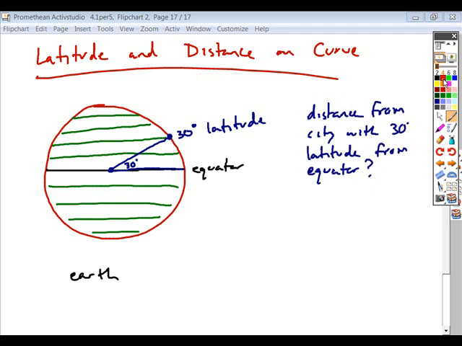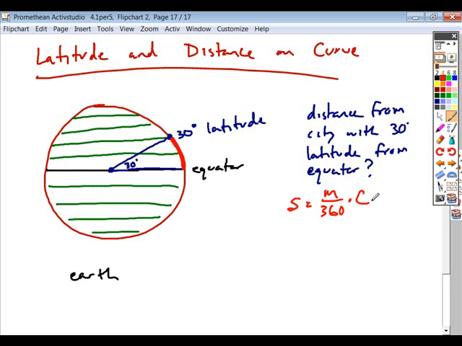Okay. This becomes a distance on a curve problem. And what is this distance on the curve called? It's called an arc length. So we're taking our arc length, which is given by the formula m over 360 times C, and then you're just going to solve this arc length.